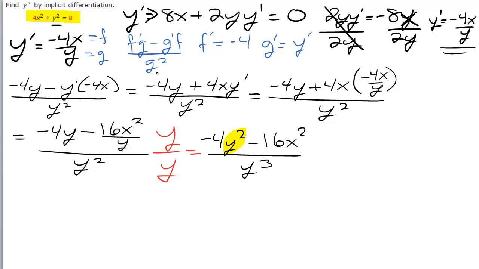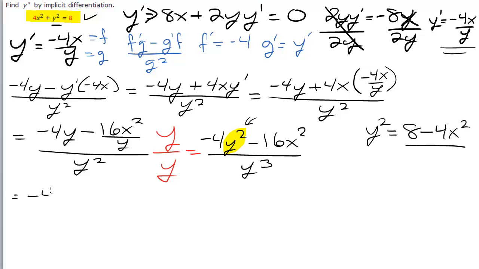And when you see a y squared here, you're thinking, well, I've got a y squared up here, and I can very easily solve that one and just say y squared equals 8 minus 4x squared, from here. And now I can substitute that in for my y squared.